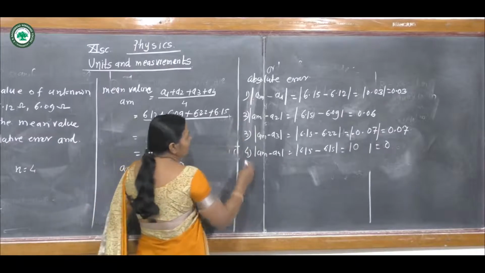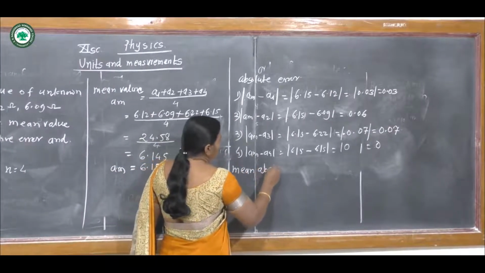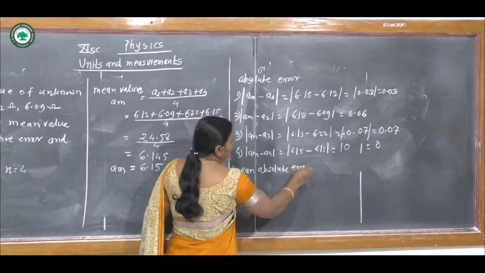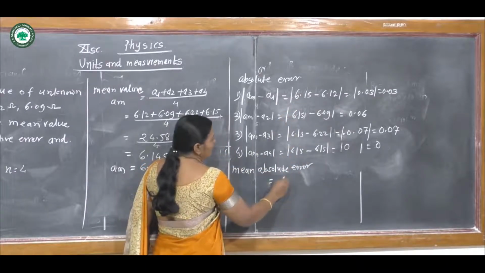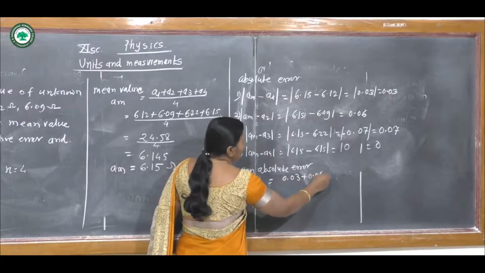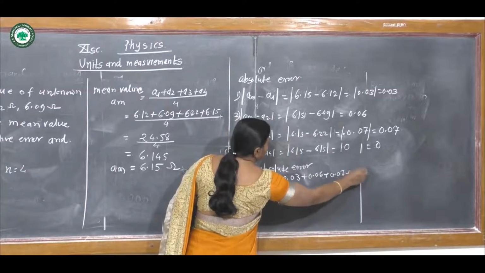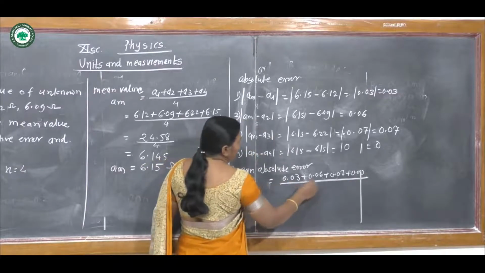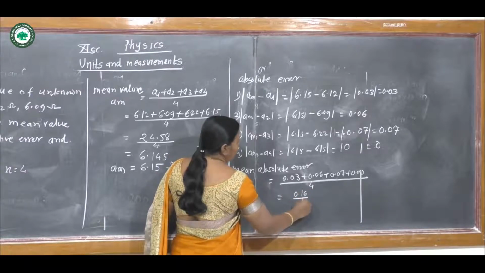Now the mean absolute error. The mean absolute error is the addition of all these errors, that is 0.03 plus 0.06 plus 0.07 plus 0.00, which becomes 0.16, divided by 4.